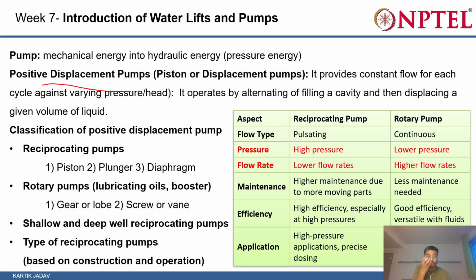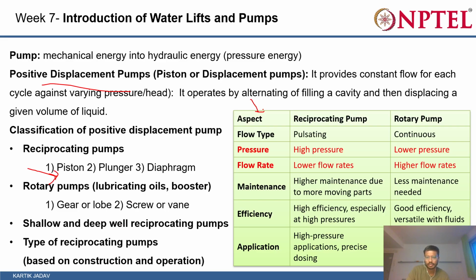Classification of positive displacement pumps: the most common one is the reciprocating pump, then we have the rotary pump, then shallow and deep reciprocating pumps, and we have talked about types of reciprocating pump based on construction and operation. The reciprocating pump in general is classified as a piston pump, plunger pump, and diaphragm pump. Basically, these are the mechanisms through which the water is taken out. And the rotary pump is generally classified as gear, also known as lobe, or screw or vane type pump.